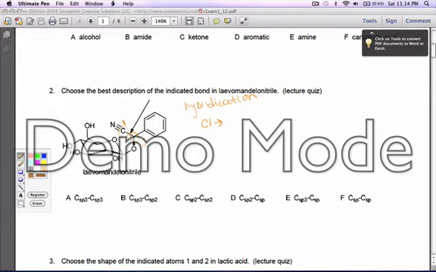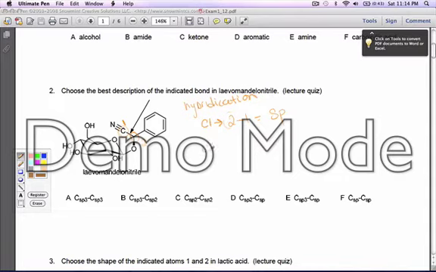Now, to assign hybridization, you are going to want to see how many different atoms or lone pairs your atom of interest is attached to. And this carbon over here is attached to one nitrogen and one carbon. So it's attached to two things. So when it's attached to two things, that gives you an sp hybridized carbon.